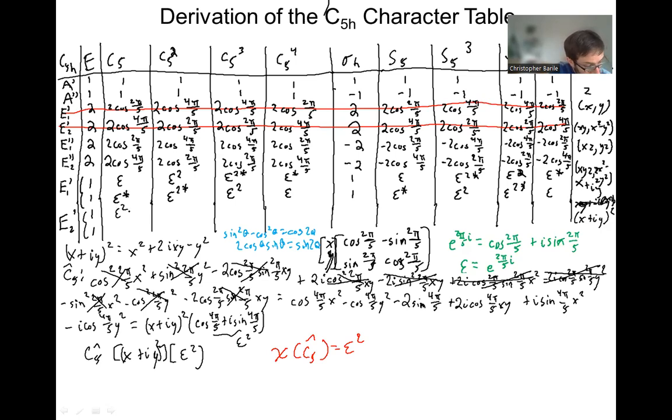And then from here on out, you can just kind of look at this final result here and go through and figure out what your other characters are going to be.